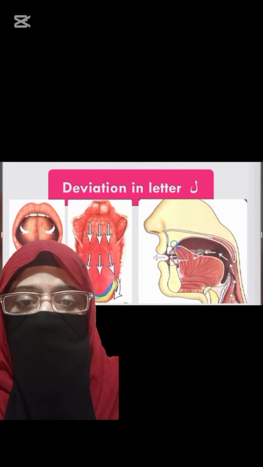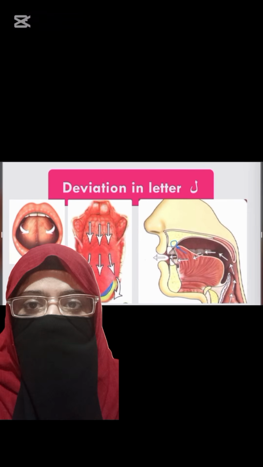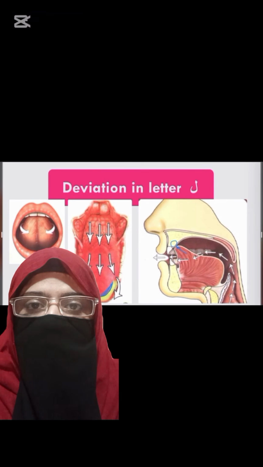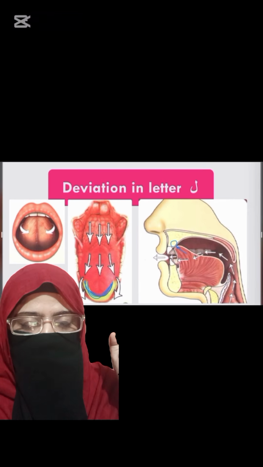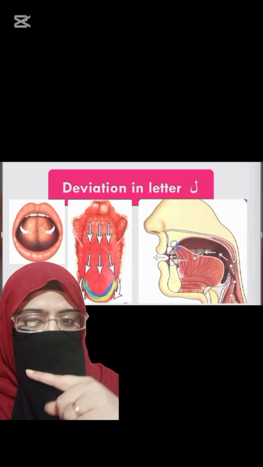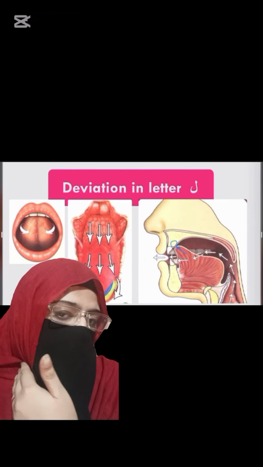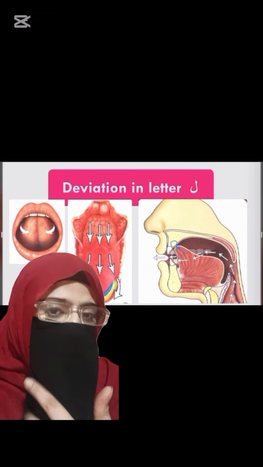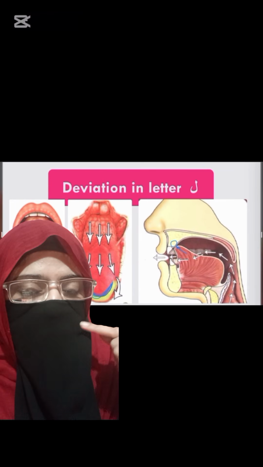The important point is that the tongue must be positioned correctly and the sound must flow in a natural way. When producing lam, you need the correct tongue position, correct contact, and correct pathway. So look at this posture: the air is blocked in the middle area and passes by the sides.